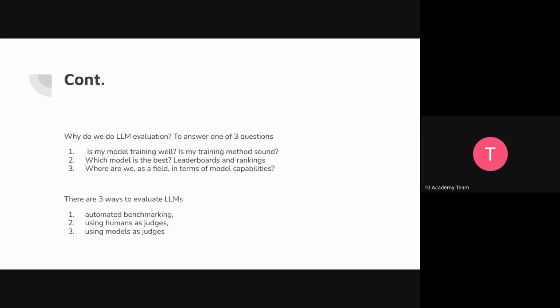When you evaluate a model for classification, you are measuring metrics like accuracy, recall, precision, and maybe F1 score. These are simple metrics. You can prepare a data set, run your model, and measure the scores on it. This is what is called automated benchmarking. You just run the whole thing automatically, which is fine in this case.